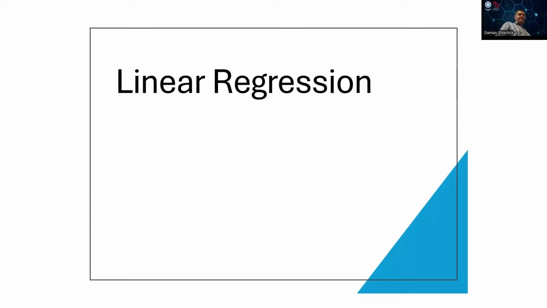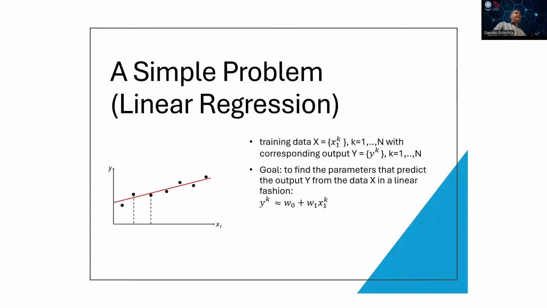Have you heard about linear regression? Once you have data, let's say for training, and on two axes you have two features, it can be in the form of x1 and y.